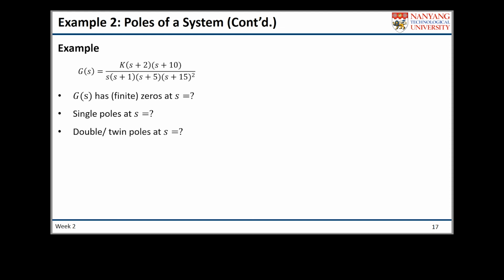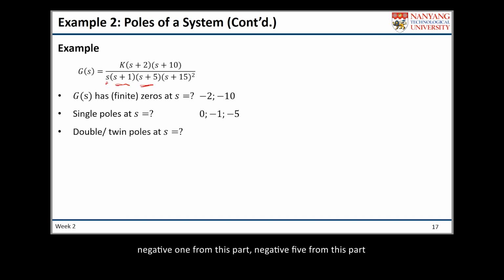Those are easily identified: -2 and -10. What about the poles? We have single poles at 0, -1, and -5. 0 is coming from here, -1 from this part, -5 from this part. And in addition to that, we have a double pole: 2 identical poles at -15.